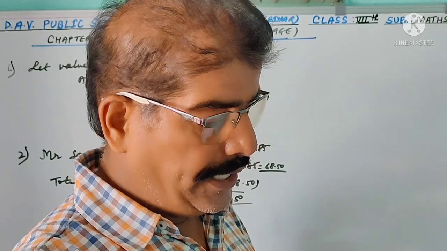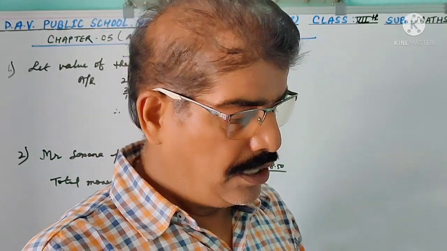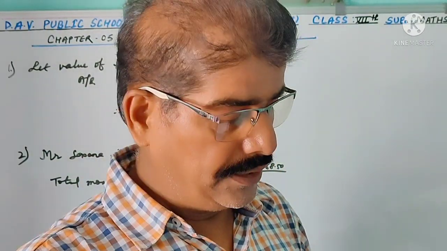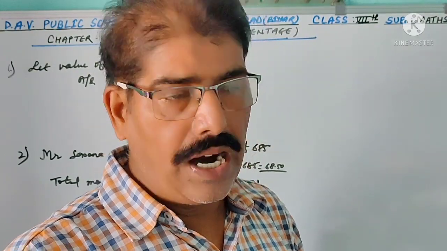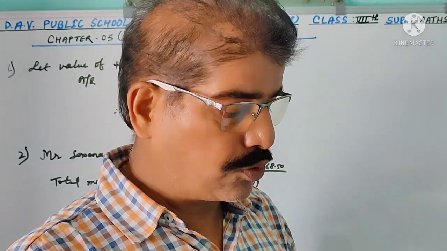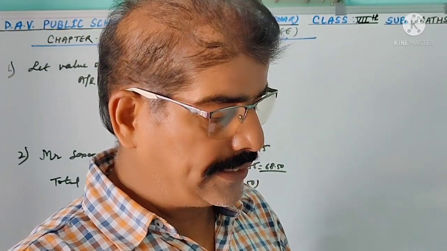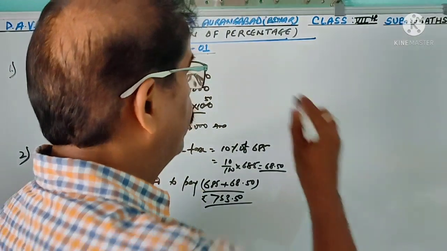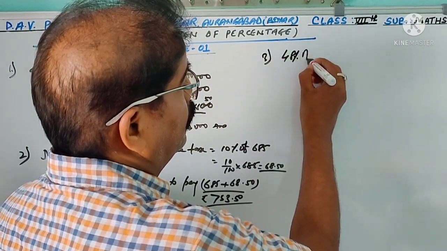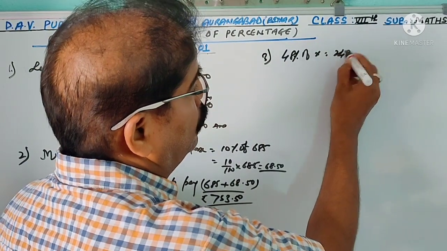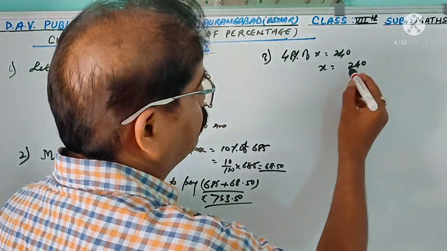A painter paints 240 square feet of a wall. If this is 48% of the total wall surface, what is the area of the wall in square feet? Dear friends, let the total area of the wall be X square feet. According to the question, 48% of X equals 240.